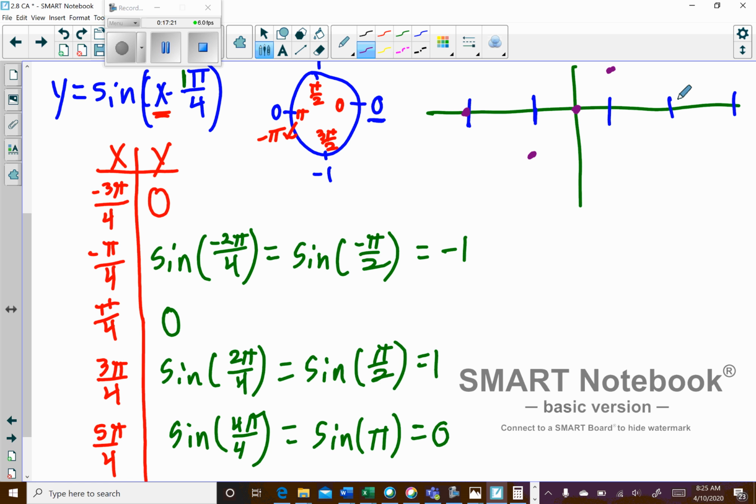Oh, let me fix that. Okay, my bad. That needs to be right there, and then up here, and then right there. Sorry, I accidentally put a point right there. Okay, so let me go ahead and graph this. So it looks something like this.